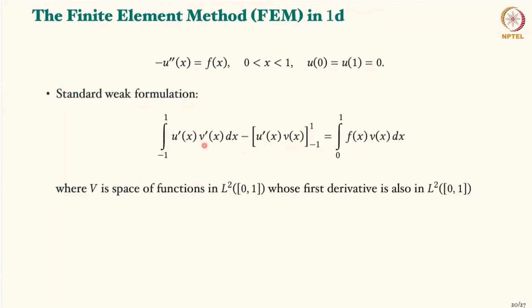In this setting, this function v is called a test function, but it's okay if you don't know that. So I moved the derivative over to this other function v, and I end up with a boundary term. If you remember integration by parts, you replace one integral by another, and then there's some boundary term. So that's what I get.